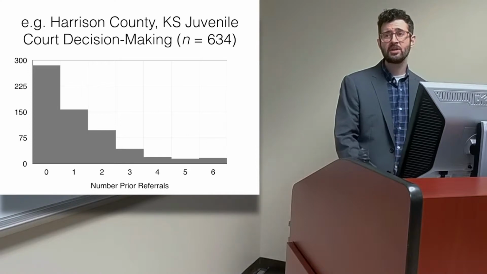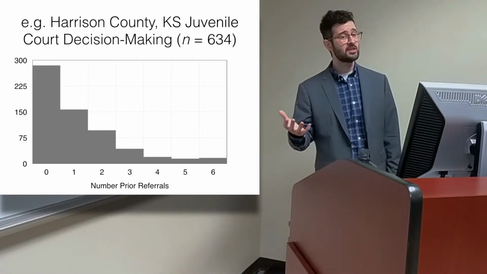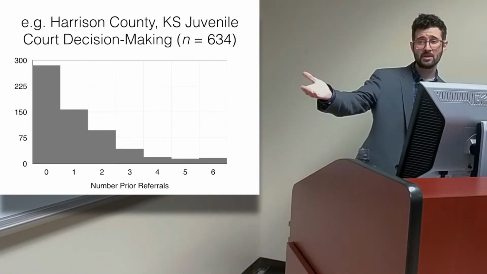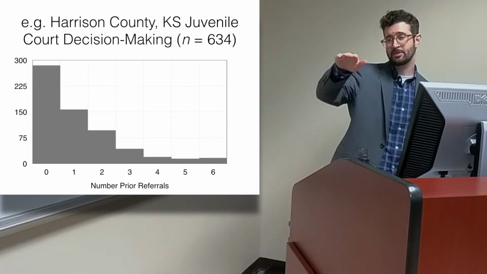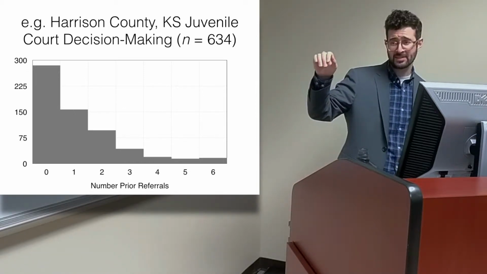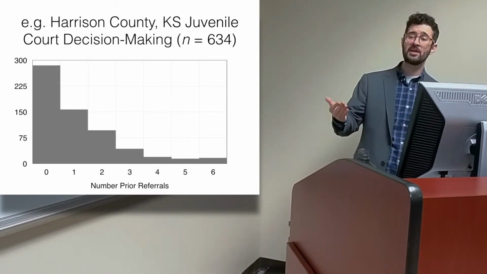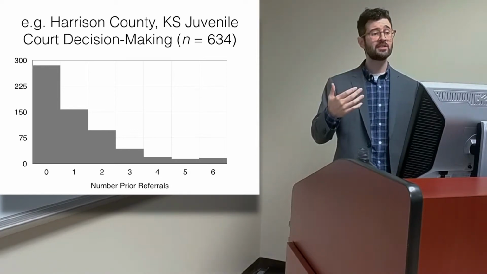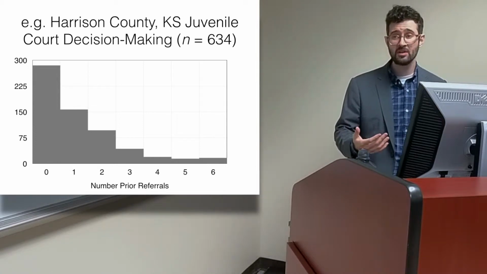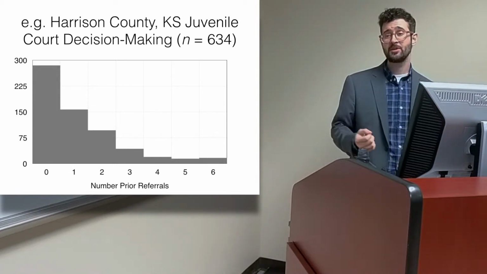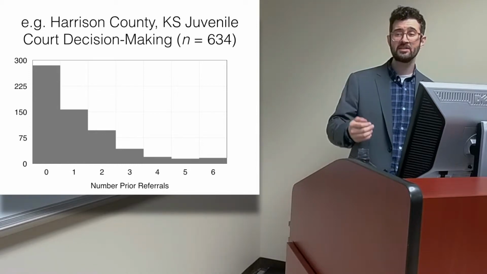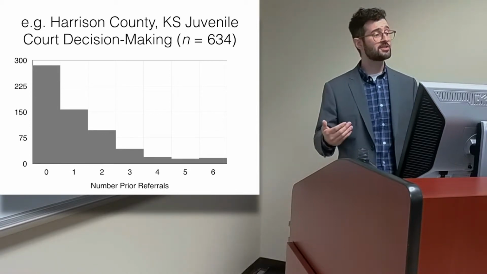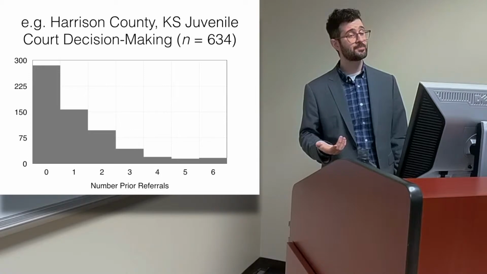So what we can do is represent this information using a histogram. The values at the bottom along the x-axis represent all the values we observed in our sample of juvenile court cases. They represent the number of times the youth involved in the case have been referred to the justice system in the past.